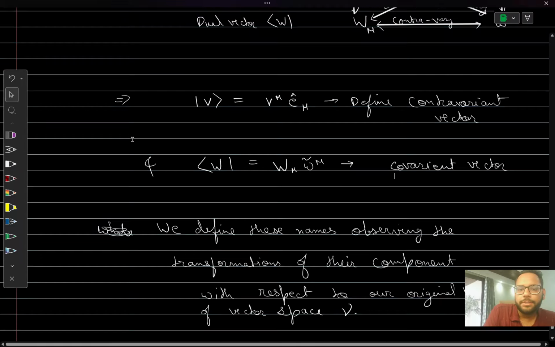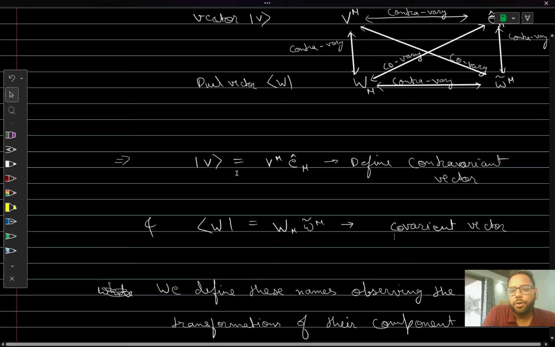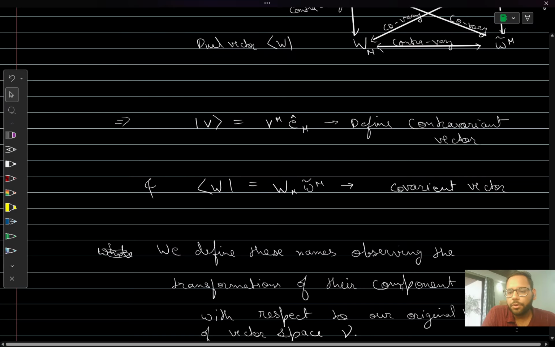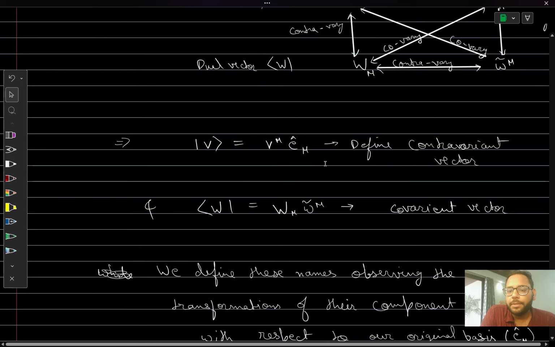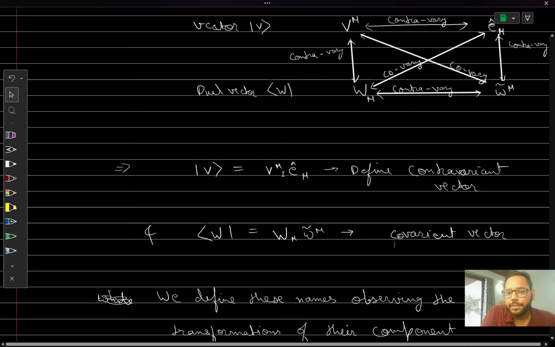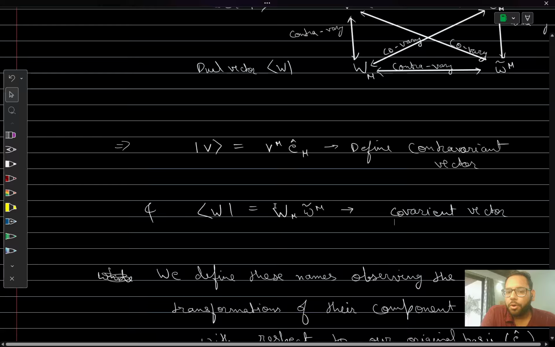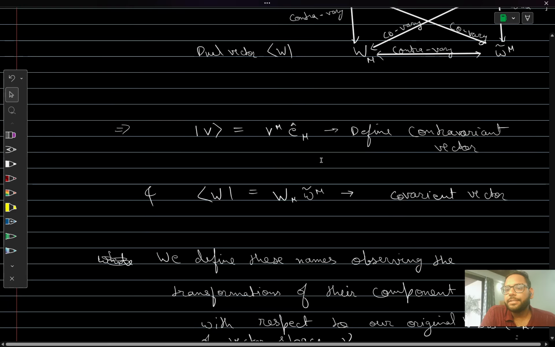Why are we calling this a contravariant vector? Because of how the components transform on transforming the basis of the original vector space. While transforming this original vector space, the components of a vector contravary with respect to this basis. And the components of covectors, or dual vectors, co-vary, meaning they vary in the same fashion with respect to this basis of the original vector space. This is just a convention.